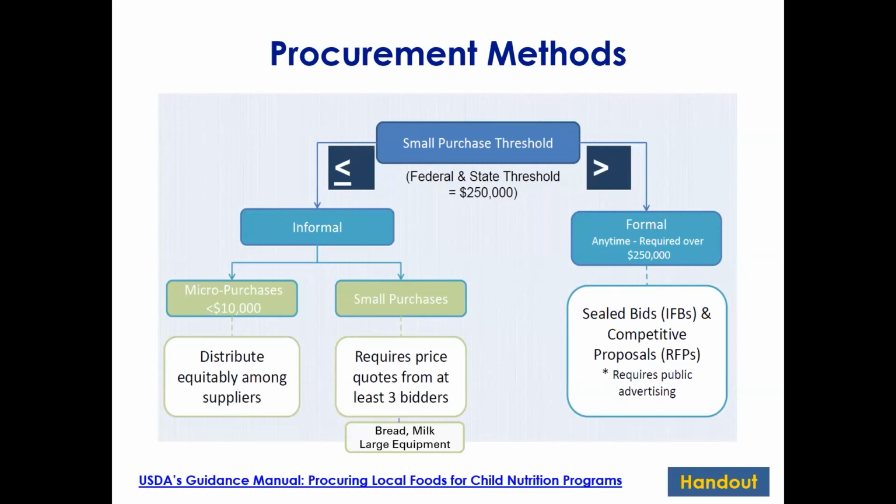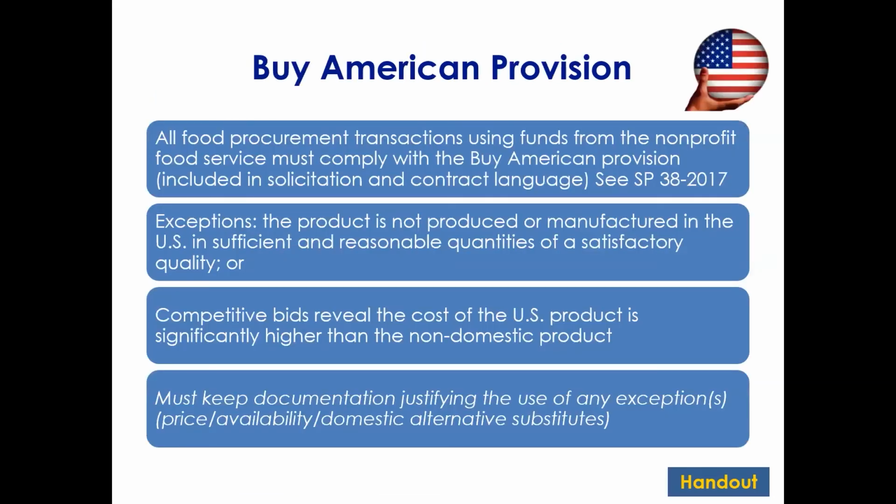So next slide is Buy American. Of course, all food procurement transactions using funds from the nonprofit food service account must comply with the Buy American provision. Now, there are some exceptions. I mean, you don't see many banana trees in Nebraska, I don't believe, or anywhere else in the US.